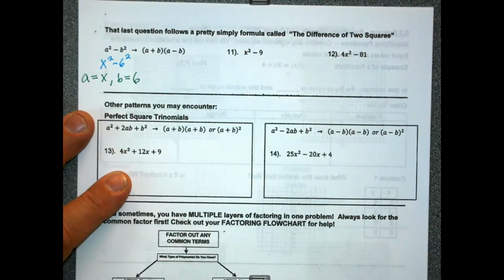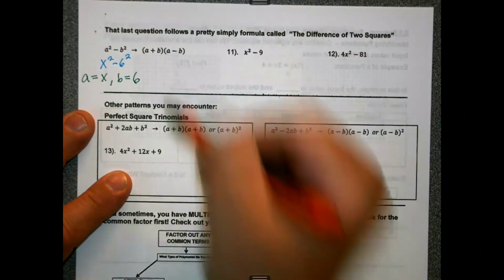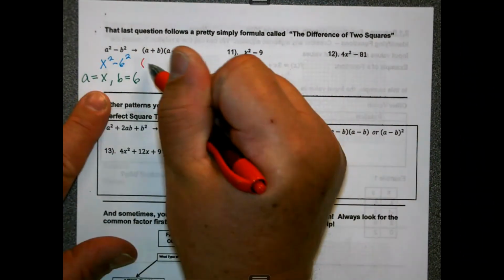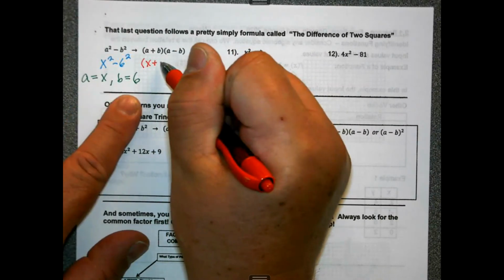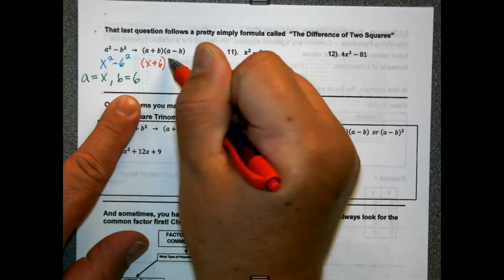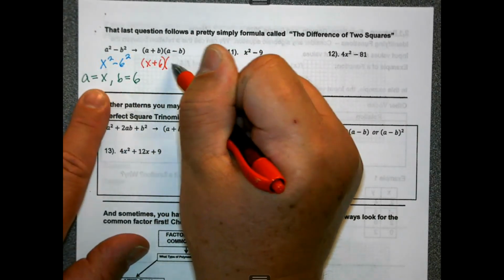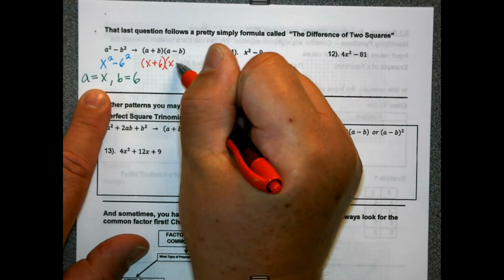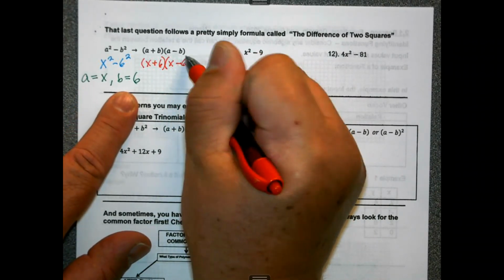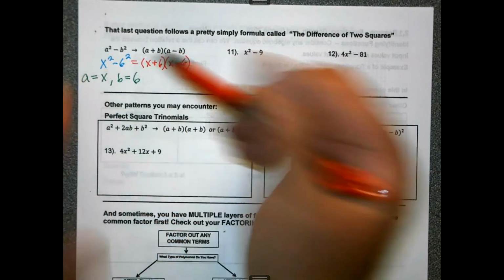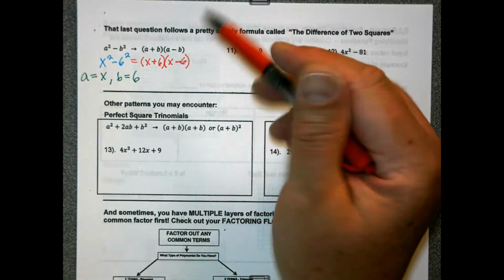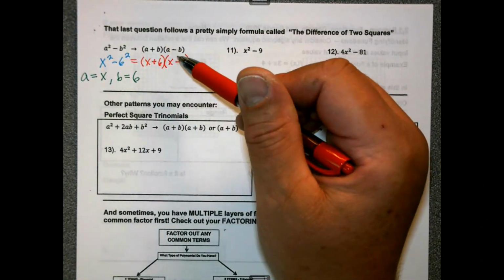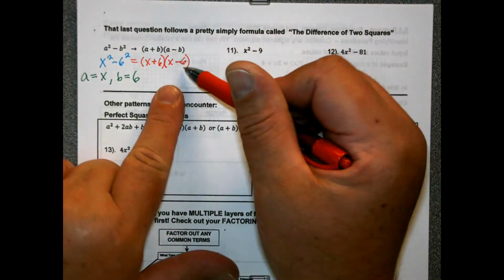So when I go to put it in the formula, my a is x plus my b, which is 6, times my a, x, minus my b, which is 6. So it's a shortcut. They come up a lot, actually, in algebra.